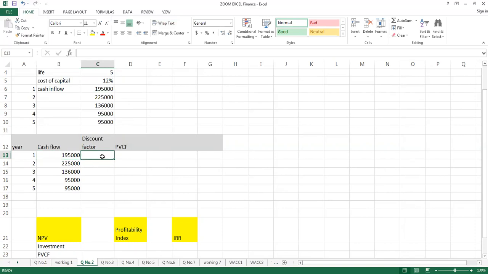To calculate discount factor, we will take 1 plus discount rate, that is 0.12, and then I can bring power in minus. So this is the structure.